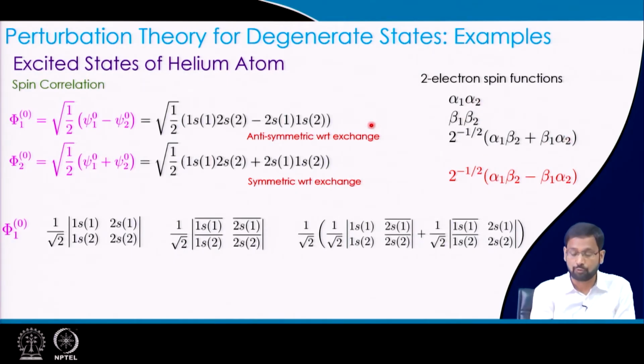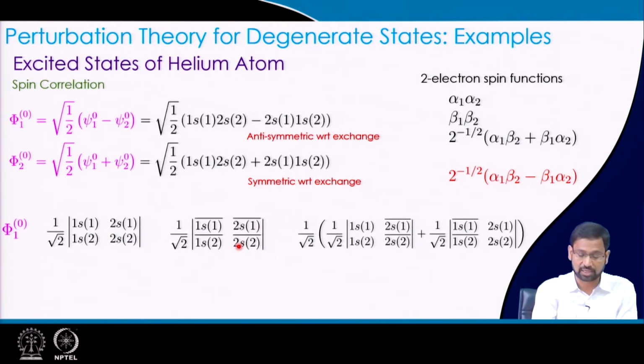Now you can open these terms and rewrite them. I would strongly suggest that you do this exercise independently. You open this function and rewrite it. I am coupling the orbitally antisymmetric function with these triplet symmetric functions.